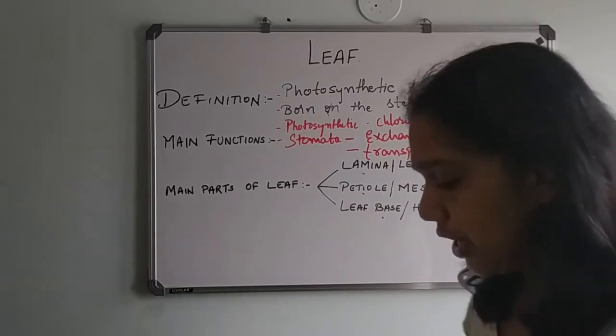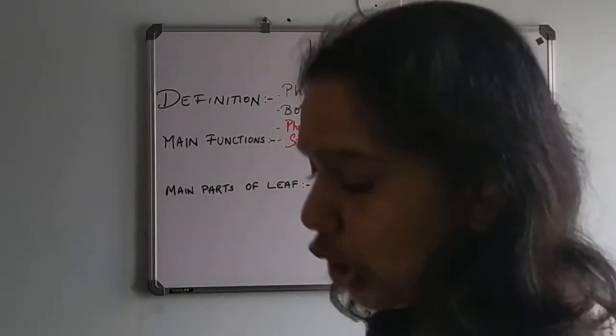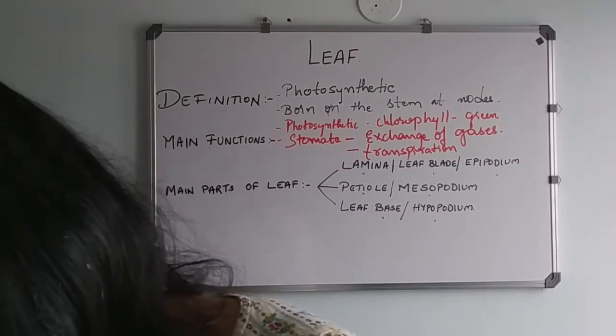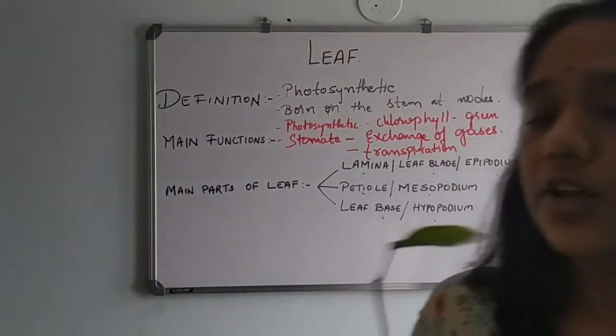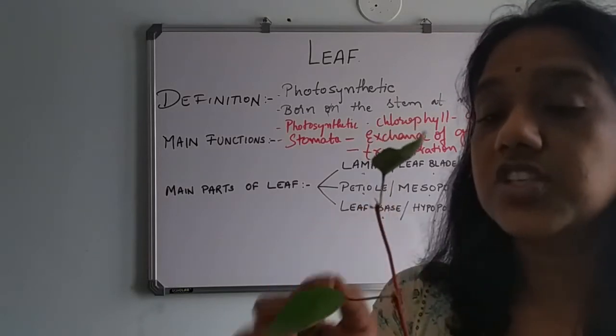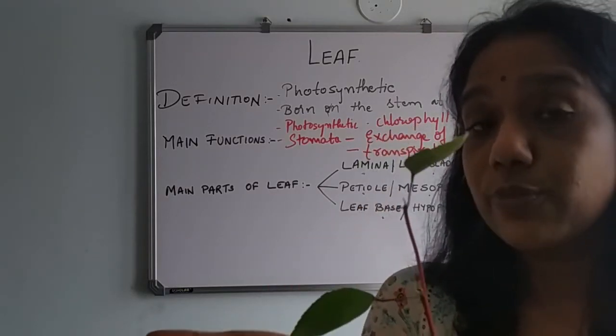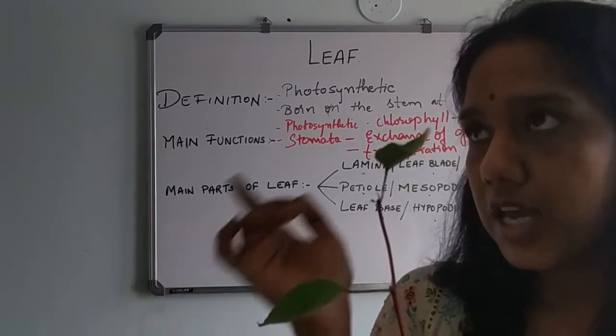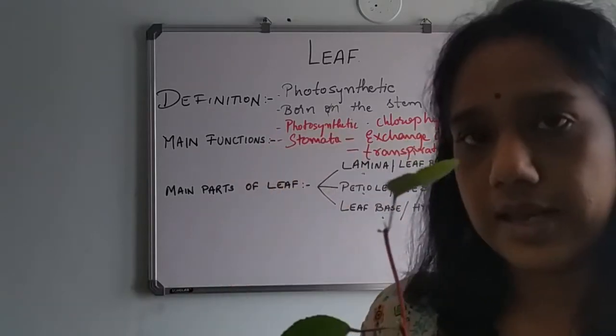Now we are going to come to the petiole, also called the mesopodium. What is a petiole? The petiole is a long stalk which holds the leaf in a position so that it can get maximum exposure to the sunlight.